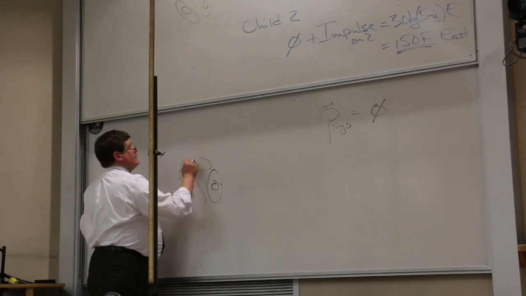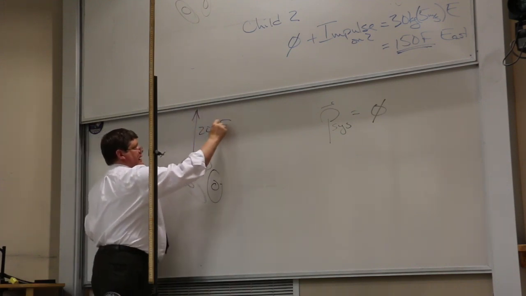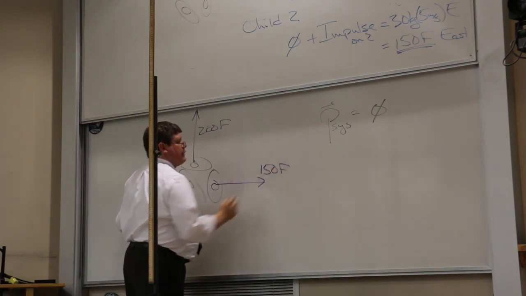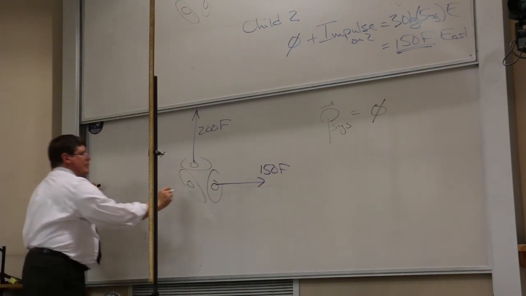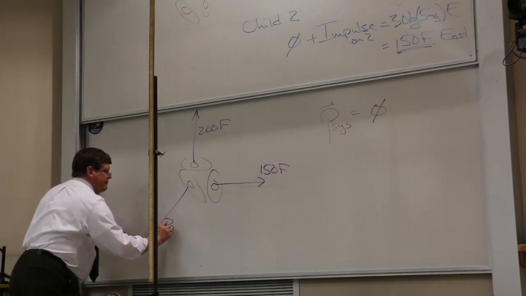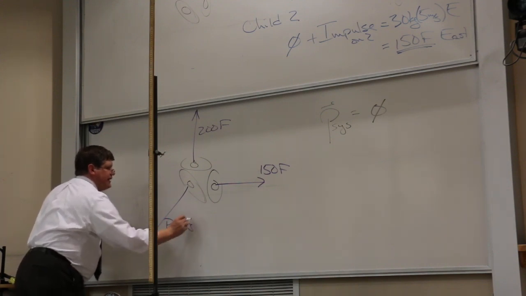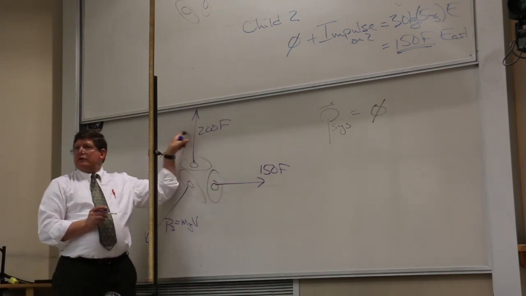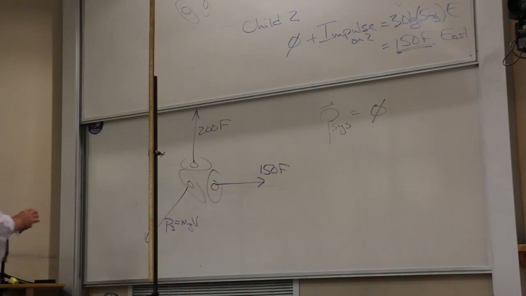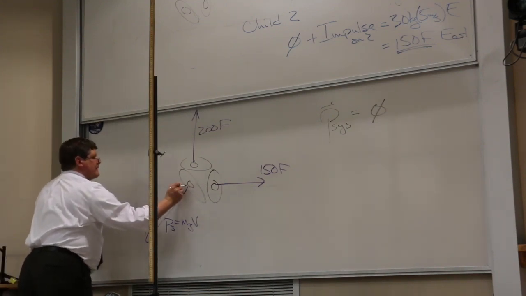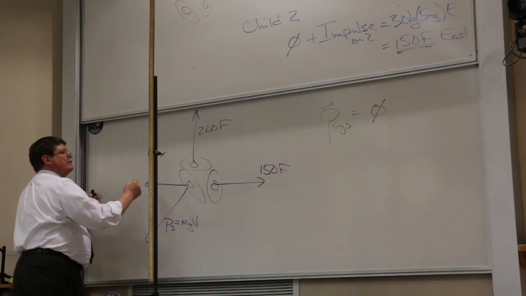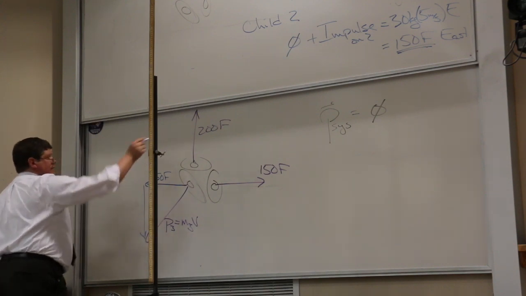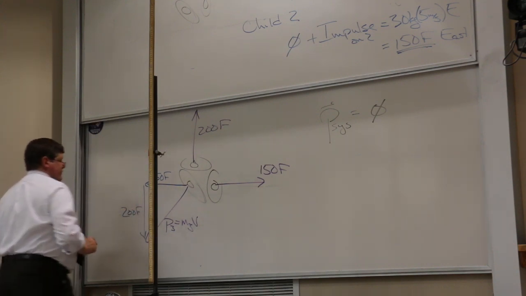Well, here we have 200 franci going north. Here we have 150 franci going east. And that means that the momentum of this child, P3, which is the mass of child 3 times her velocity, has to cancel out this momentum. And so that means that the x part of child 3 momentum is 150 franci west, and the y part is going to be 200 franci south.